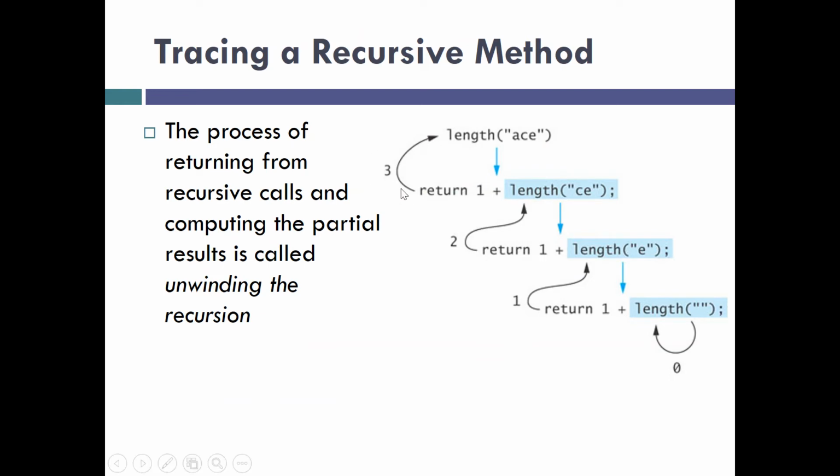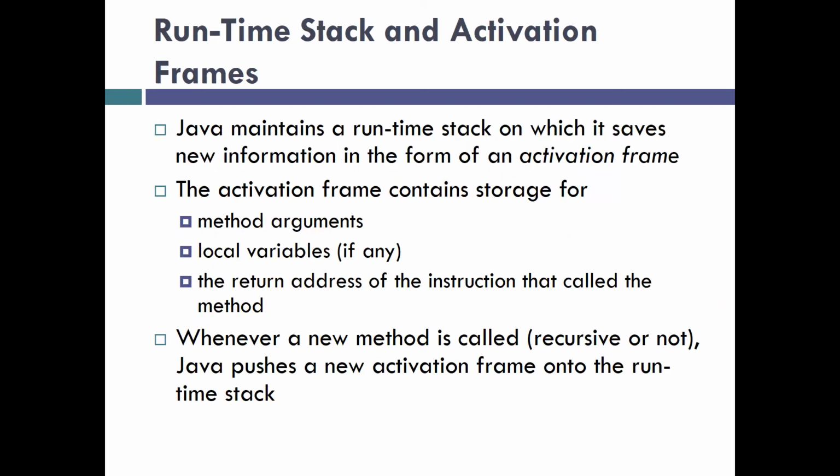So the length of ACE, if we're solving that recursively using that recursive function earlier, is 1 plus the length of CE, which is 1 plus the length of E, which is 1 plus the length of nothing, which is 0. So that returns 1 plus 0, which returns 1. So we've got 1 plus 1, which returns 2 as the length of CE, which returns 1 plus 2, which is 3 as the length of ACE. So this is the idea of unwinding your recursion. Basically, you can just trace it down and then trace it back up.